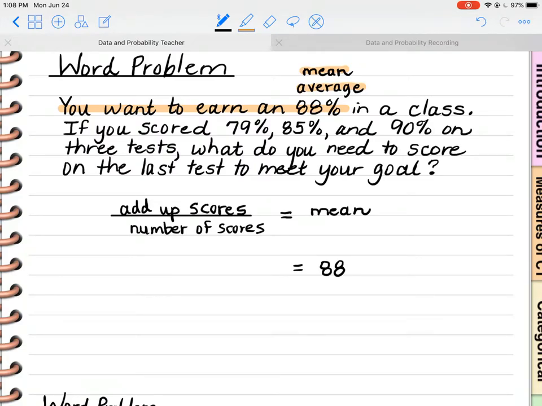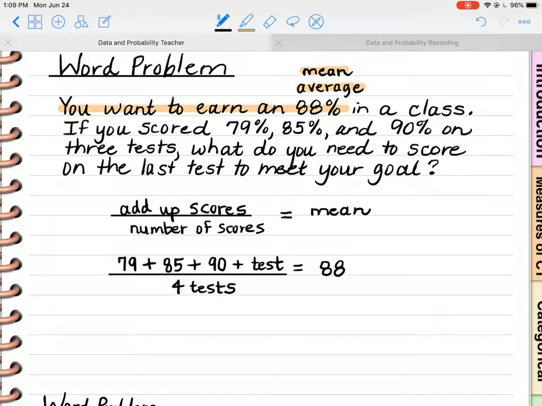And I need to ask myself, how many tests do I have in this class? Well, I've already taken 3 of them. I had a 79, which was not so hot, but not so bad, an 85, and a 90. And then I still have another test to take. I have one more test, this last test, to take. So that's a total of 4 tests altogether.